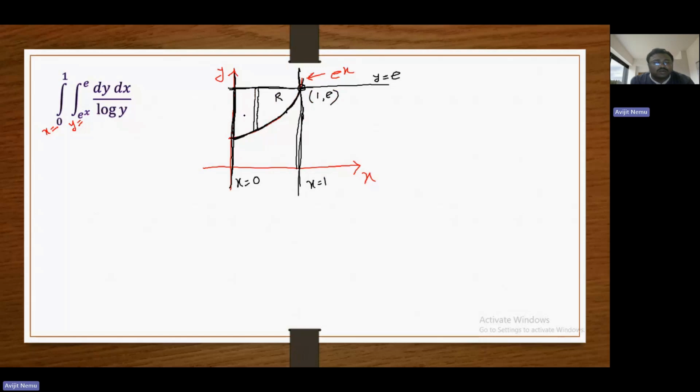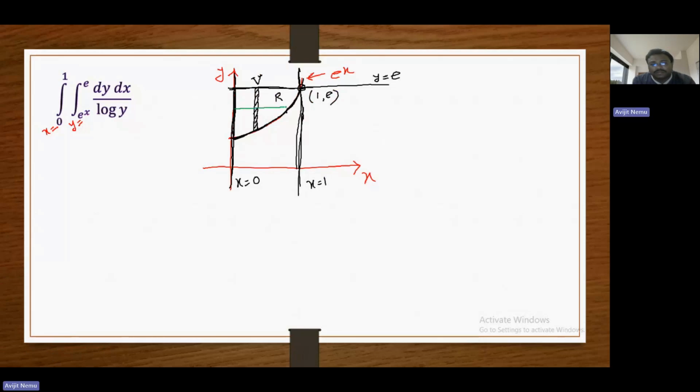For Cartesian coordinates, we can consider two strips: either a vertical strip or a horizontal strip. According to the problem, they considered the range in terms of the vertical strip, which you can call V. But we are interested in using change of order. That means we have to consider the horizontal strip, and this is important.